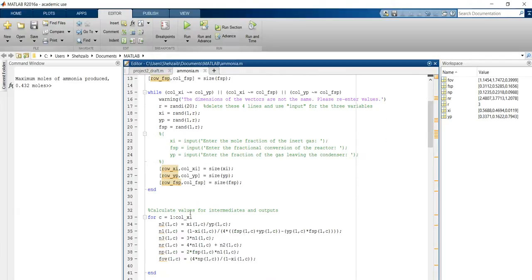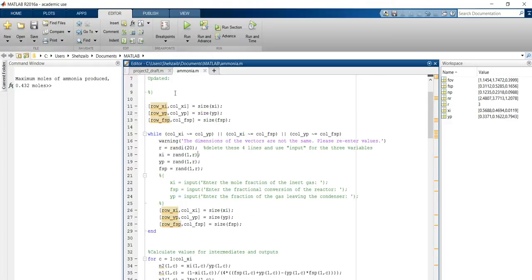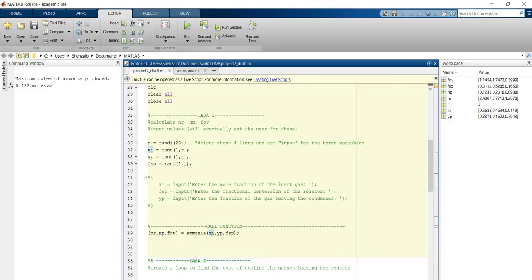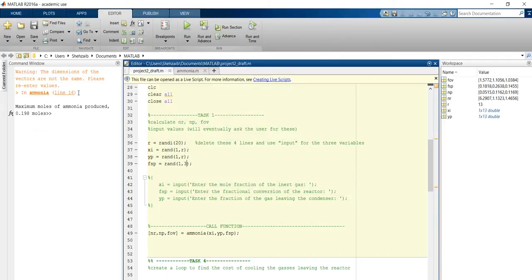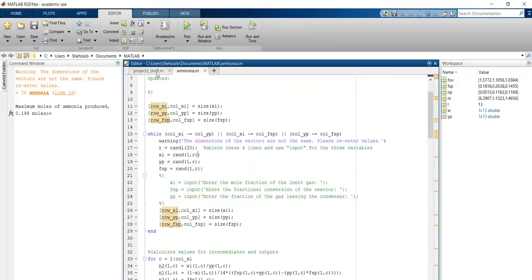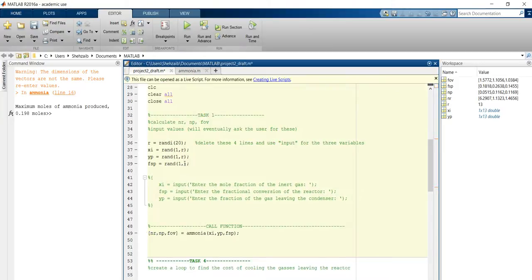Now, in our case we will not have that problem because all of our values are the same. But just as a runaround, let's say if I change this to 3, it should prompt us a warning saying the dimensions of the vectors don't agree and it won't work. So I will change that back to R.